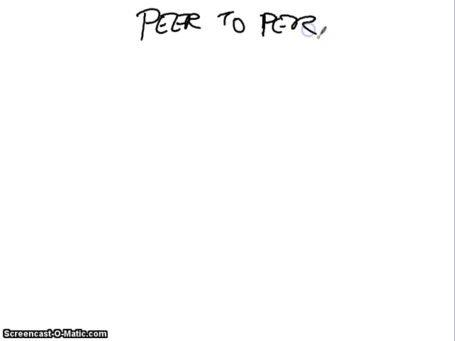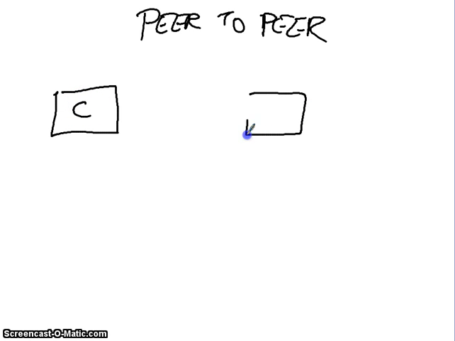Now on the other side of things, we have this thing called a peer-to-peer network. Now a peer-to-peer network is slightly different. If you imagine these are my client machines, these are all computers.